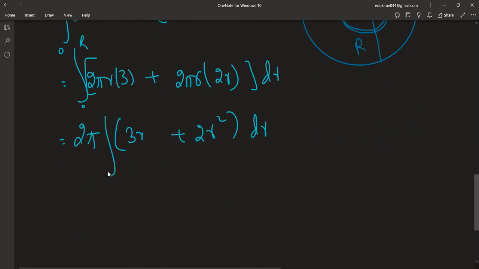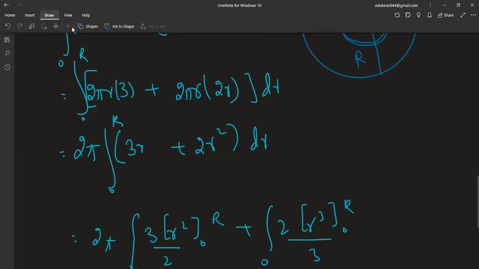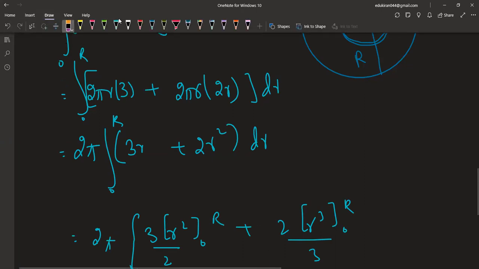This is integration from 0 to r. This will become 2 pi, 3 times r square by 2 from 0 to r, plus 2r cube by 3 from 0 to r. The limits we have to just substitute.